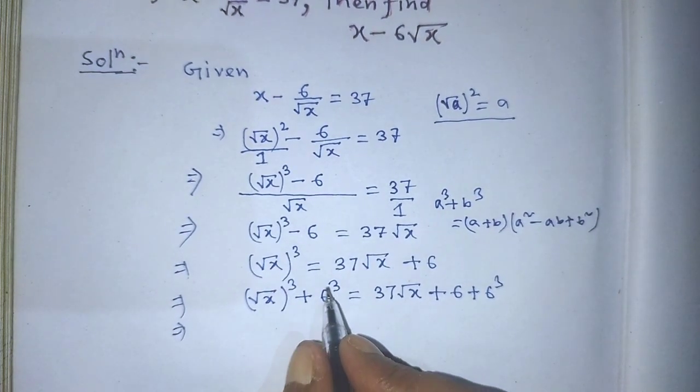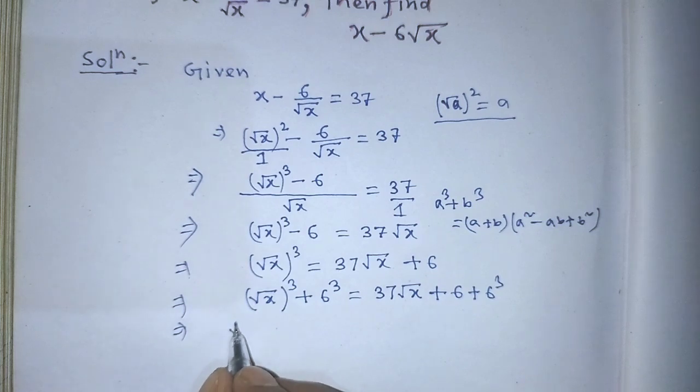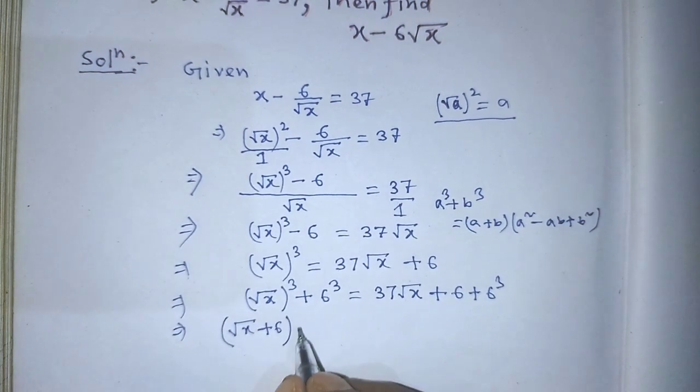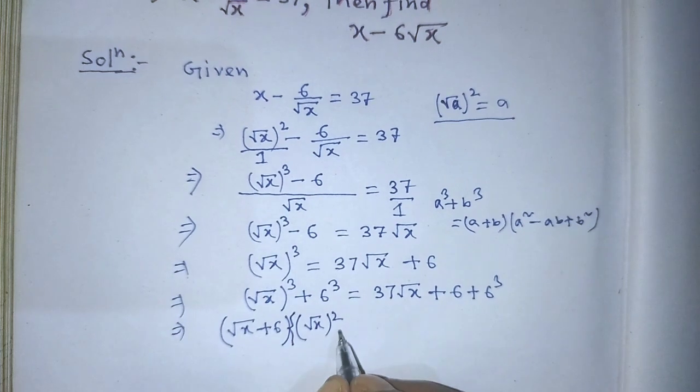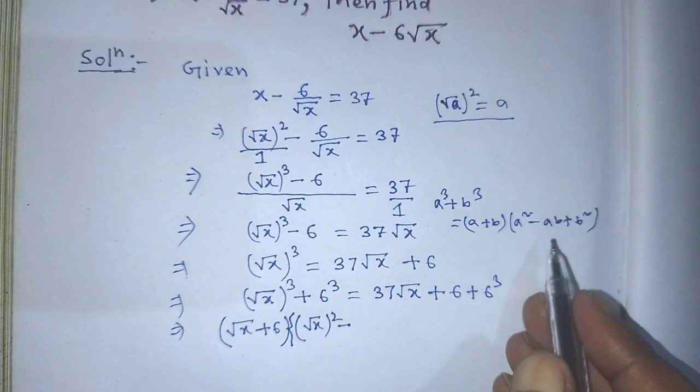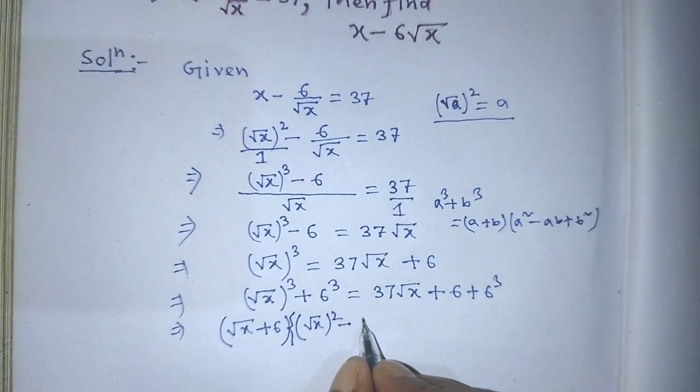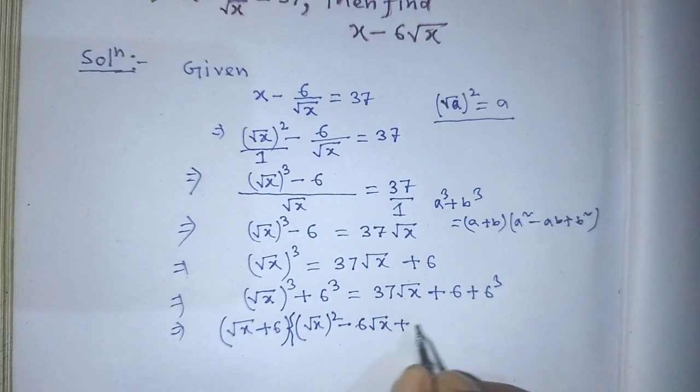So we can write root of x plus 6 into root of x whole square, and in the second bracket minus, in place of ab we write 6 root of x, plus, in place of b square we write 6 square.